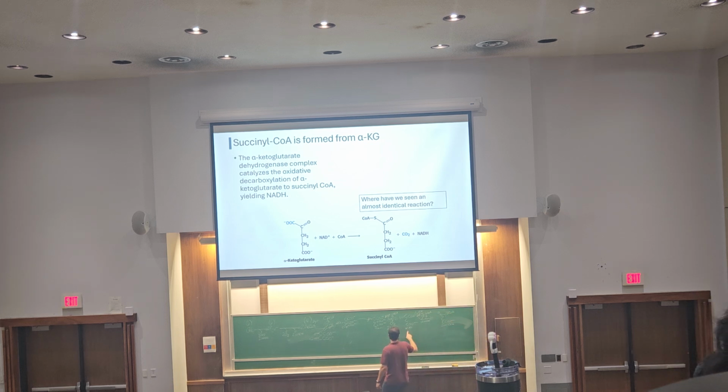So what do we have here? This alpha-ketoglutarate is an alpha keto acid, right? Here's our alpha carbon, right? One away from our carbon number 1. Alpha carbon is a keto. And over here, we have an acyl coenzyme A, right? Where have we seen this reaction before? It's identical, with one difference.